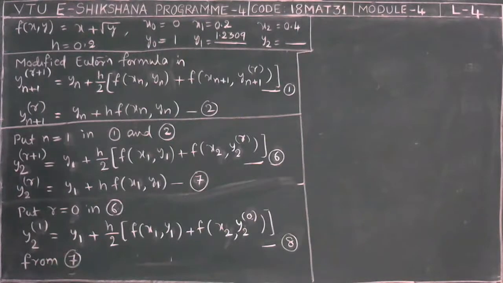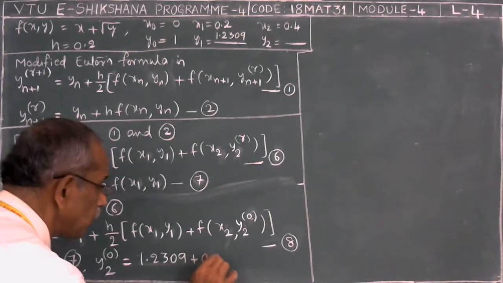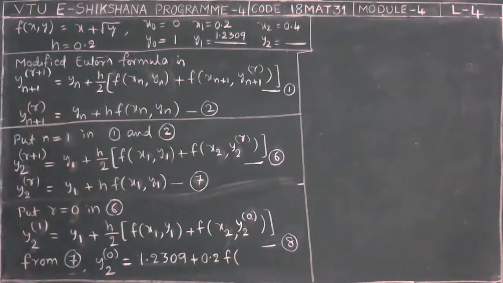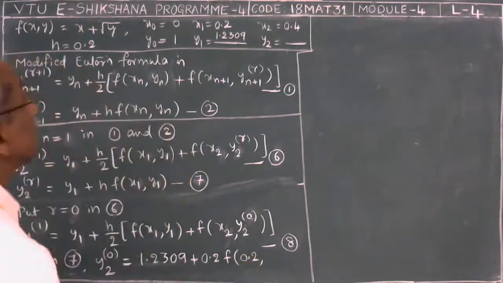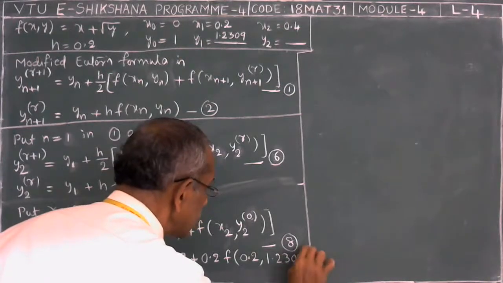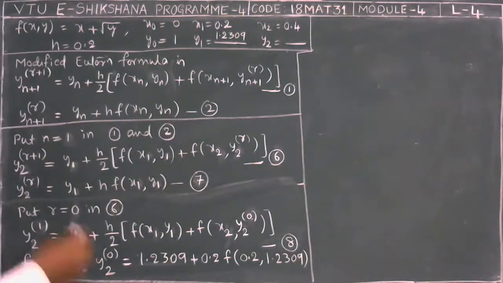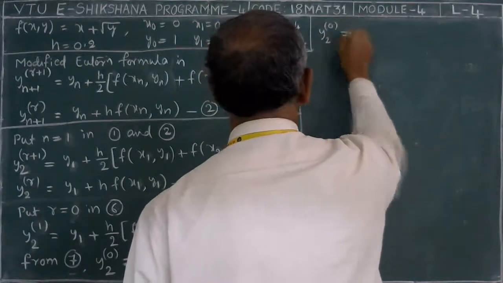From equation 7, y2 0 is equal to y1 plus h, which is 0.2, into f of x1 comma y1, that is 0.2 comma 1.2309.